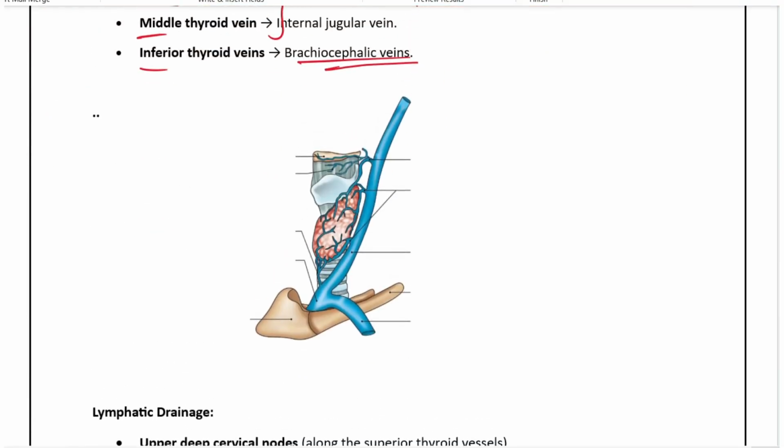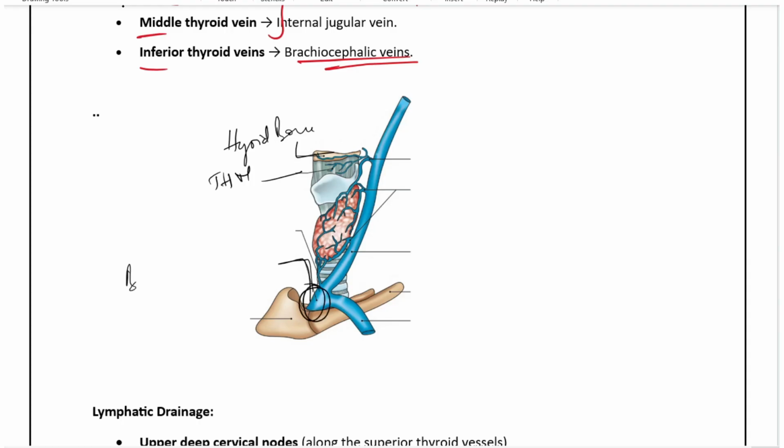So we'll see this diagram. Okay, this is the hyoid bone. This is your thyrohyoid membrane. Okay, now this here that you see is the brachiocephalic trunk. Okay, this is your subclavian vein. So from the brachiocephalic trunk, we'll have the inferior thyroid vein, which is supplying from below.